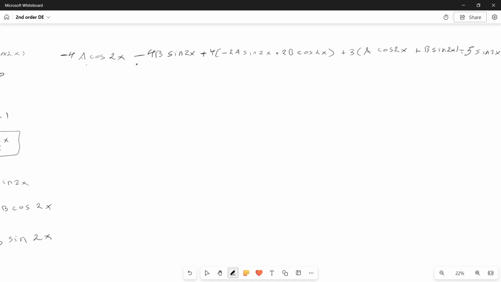Now we'll group all the sines together and all the cosines together.